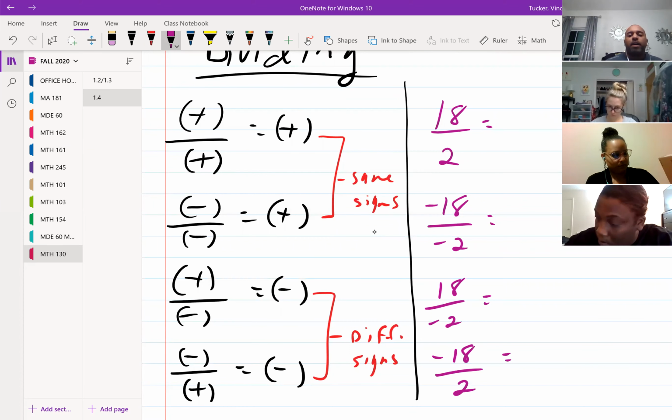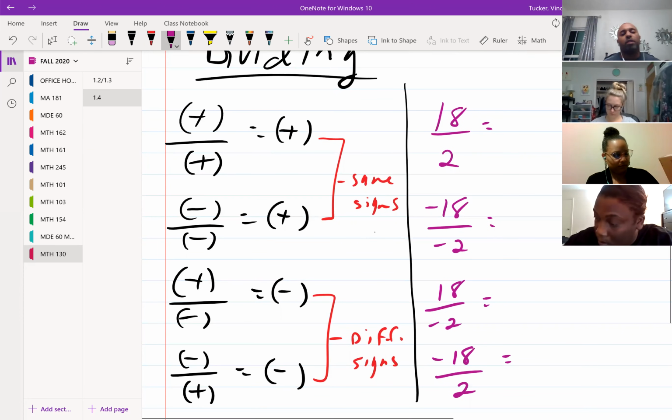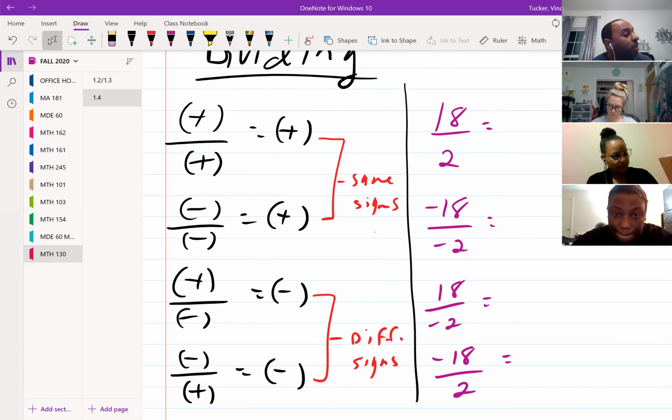All right, so dividing is the same thing. Two of the same sign will result in a positive answer. Different signs will give you a negative answer.